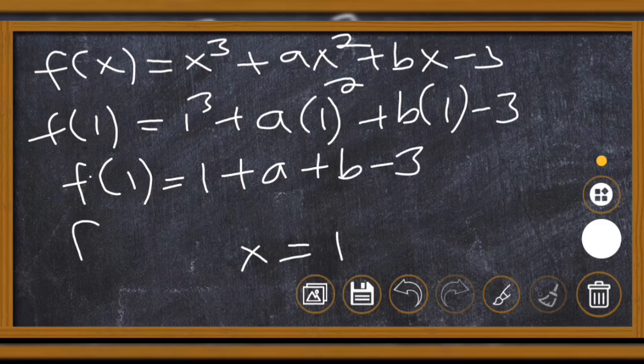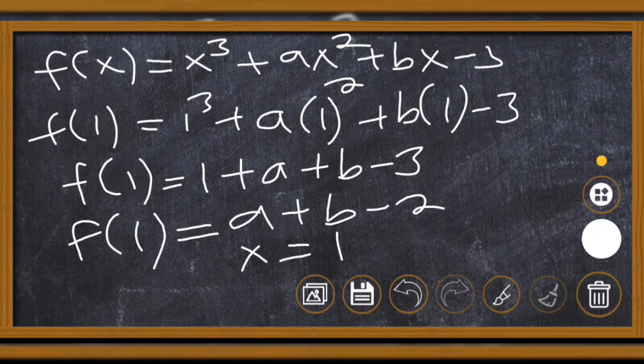So in this case then, our function is going to be 1 added to negative 3, it's going to be negative 2. So in this case, it's going to be a plus b minus 2. So in this case, this is our simplified polynomial function. Now remember that the given remainder for this was what? Was 1.